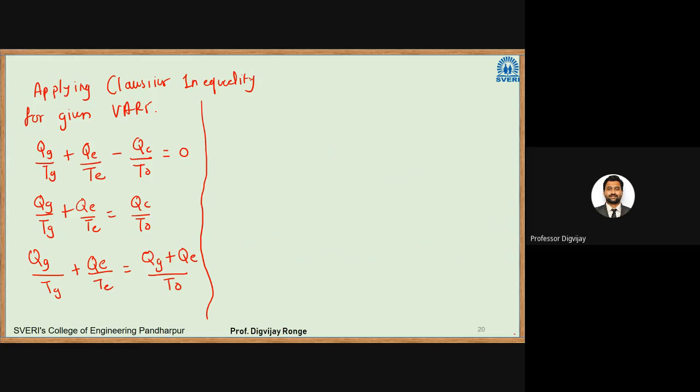I will take all the Qg terms on one side and the Qe terms on the other side. So this will be Qg divided by Tg minus Qg divided by To, taking the Qg by To term to the LHS, equal to Qe divided by To minus Qe divided by Te.